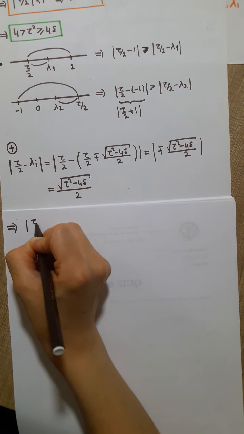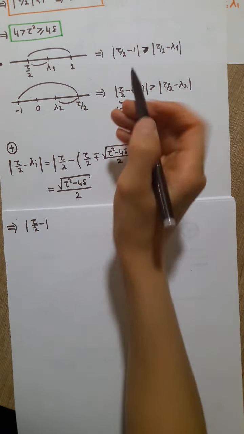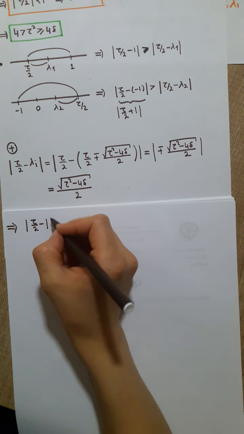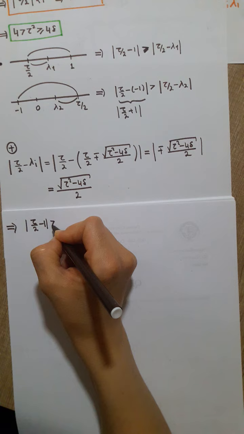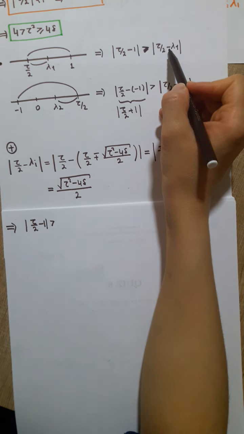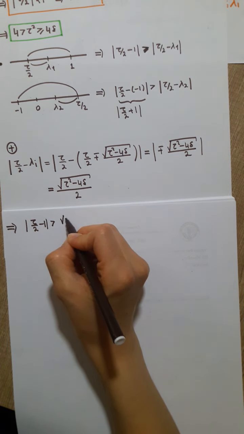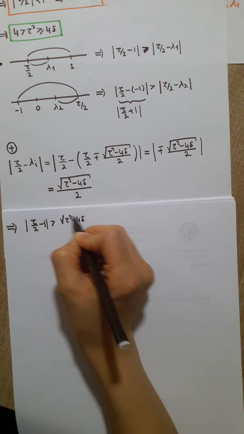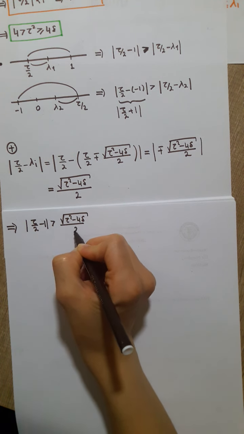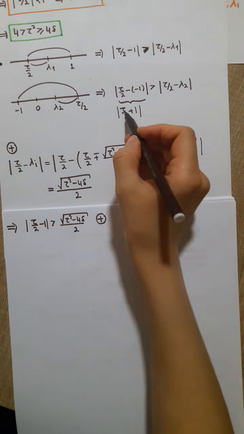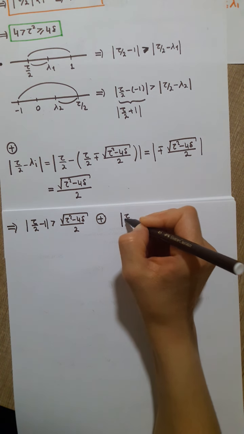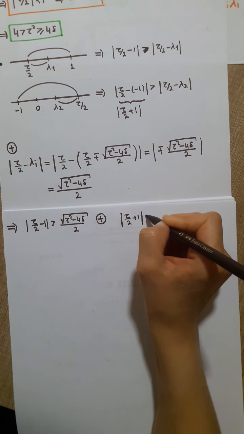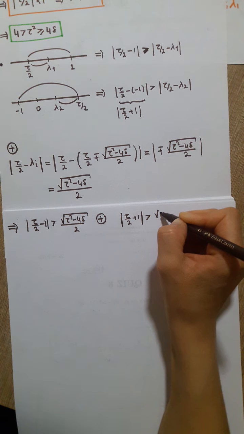In the absolute value, tau over 2 minus 1 from here is greater than this, which equals this one. And from here I have tau over 2 plus 1 is greater than the same thing.